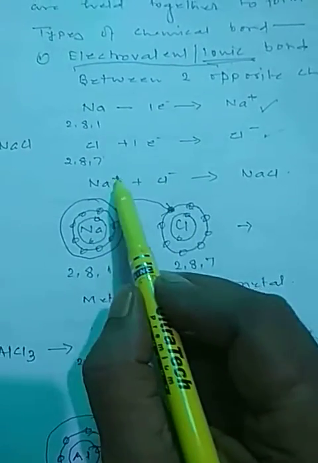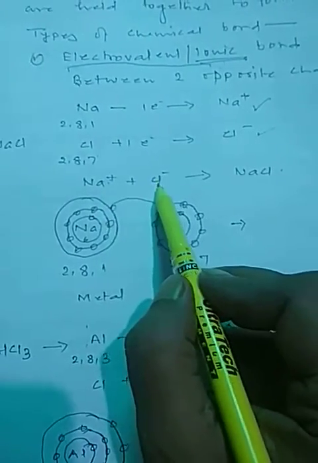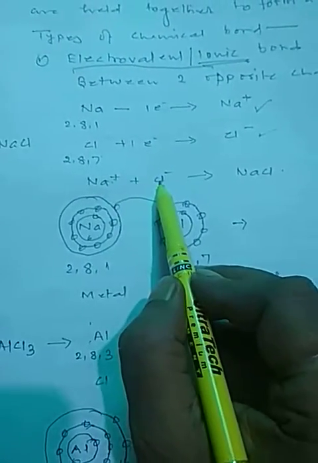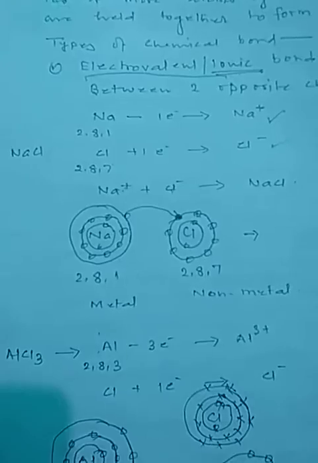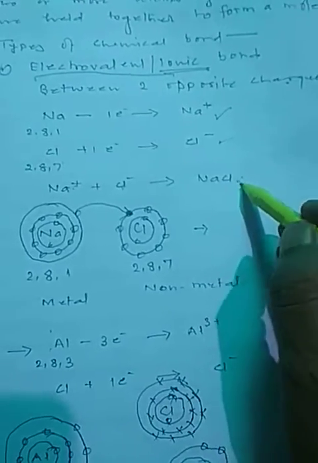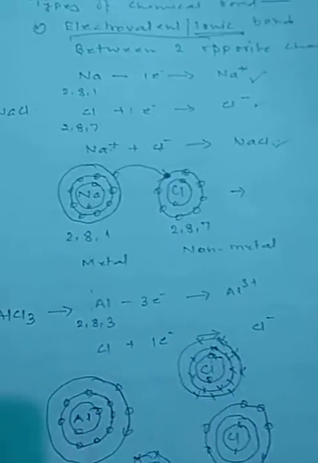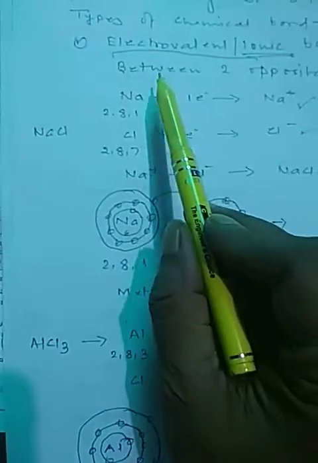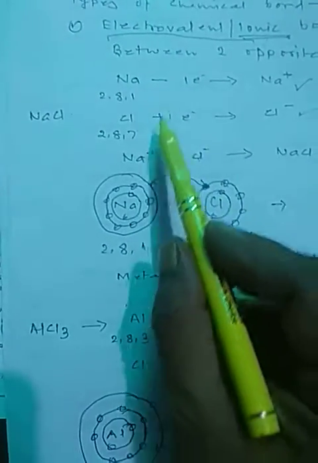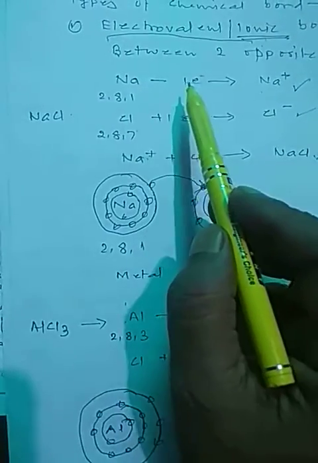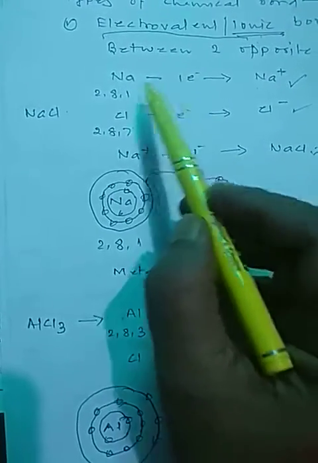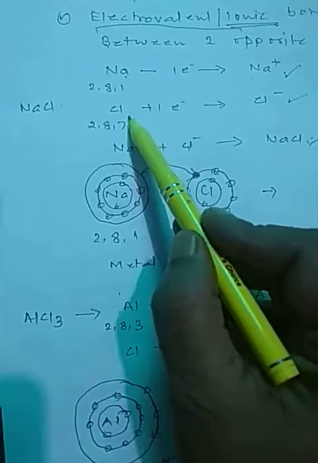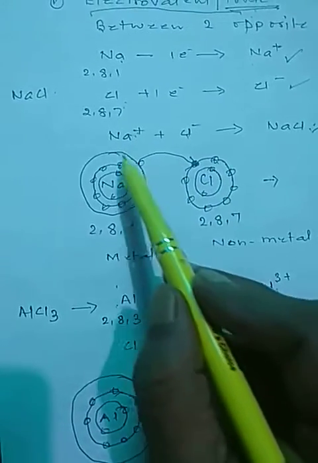This positive and this negative, these two opposite charges, attract each other and form a neutral molecule of sodium chloride. That means this bond is formed by transferring one electron from one atom to another atom.